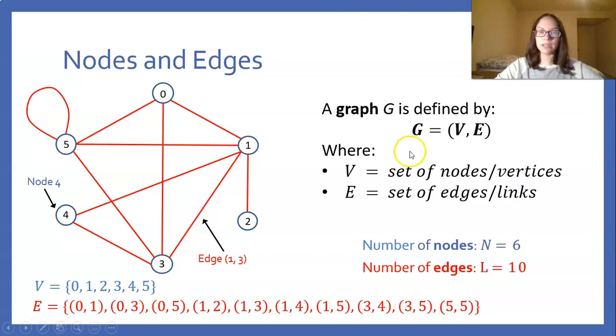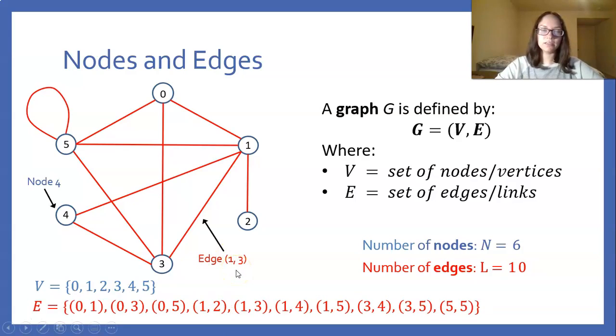Then we look at E, which is the set of edges, or links, which is another word for edges. We might use those interchangeably. The edges are these red lines right over here. One edge connects two different nodes, so it has two ends. We've labeled this one edge (1, 3).